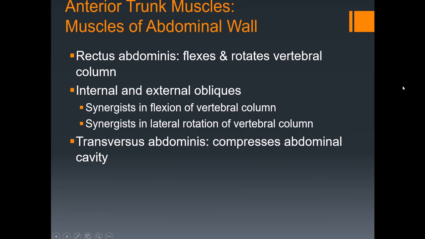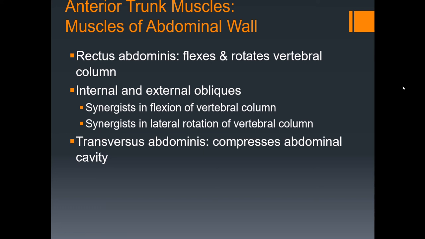If we look at the abdominal wall muscles, we're looking at abdominis muscles. So we have the rectus abdominis, the internal and external oblique abdominis, and the transversus abdominis. The rectus abdominis allows you to flex and rotate your vertebral column.